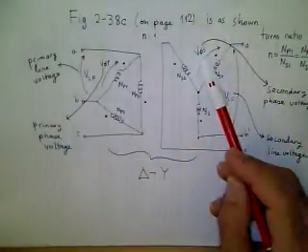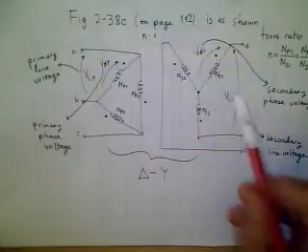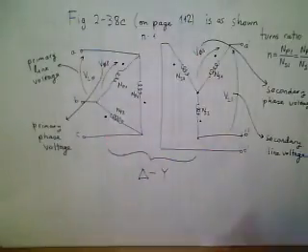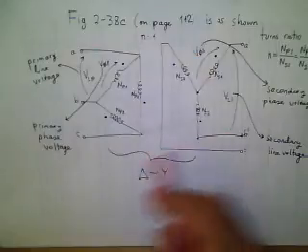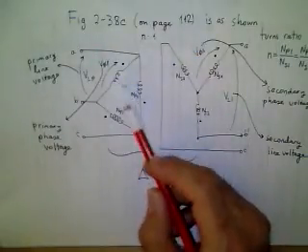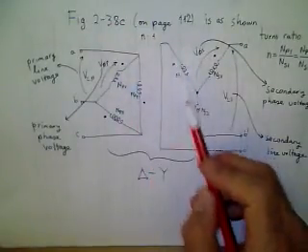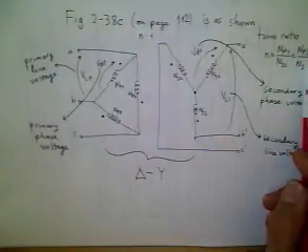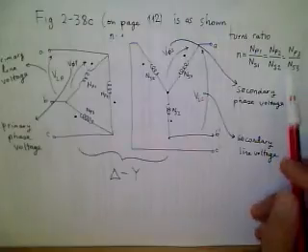Phase voltages are shown with the letter phi in the subscript. Line voltages are shown with the letter L in the subscript. There is a turns ratio between the primary and the secondary, the number of turns in the primary over the number of turns in the secondary, and it is identical for all three phases.